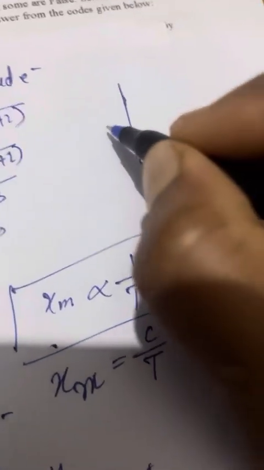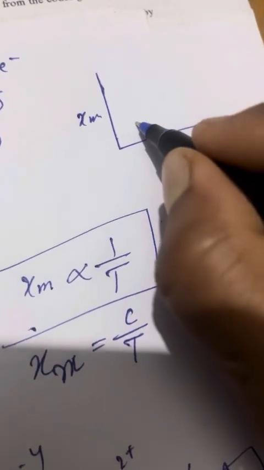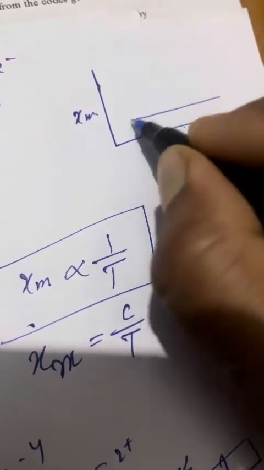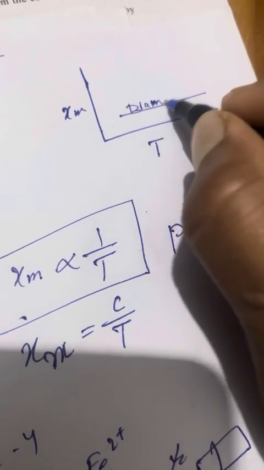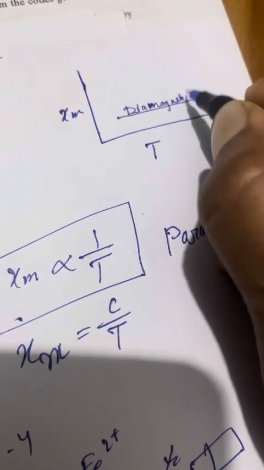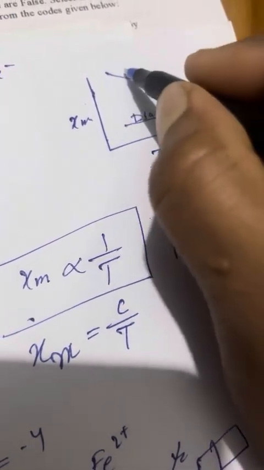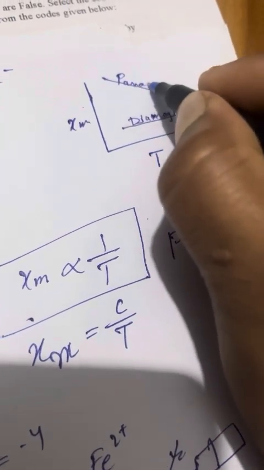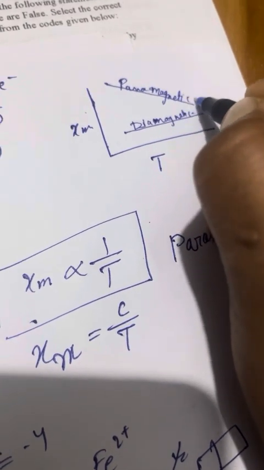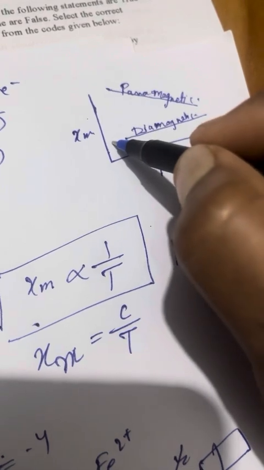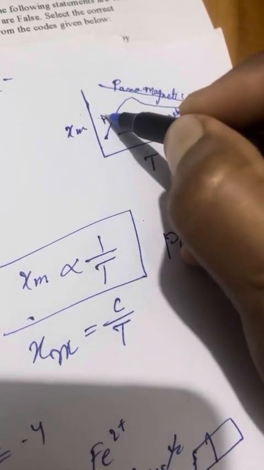xm versus T. As we know, this is for what? Independent of temperature, right? This is for diamagnetic. This is for inversely proportional to temperature, so this is paramagnetic. Next, if you see this goes up and then down, this is antiferromagnetic.